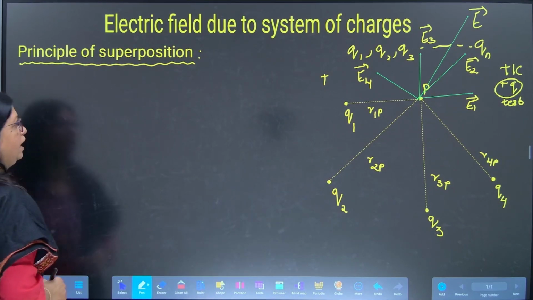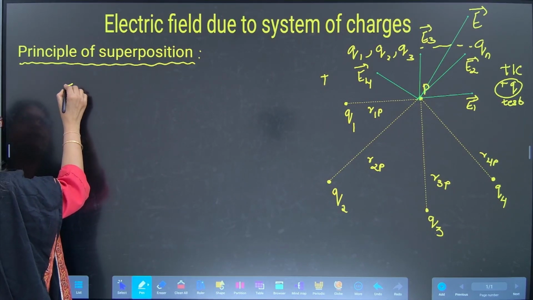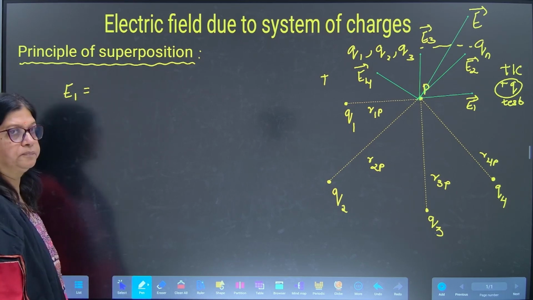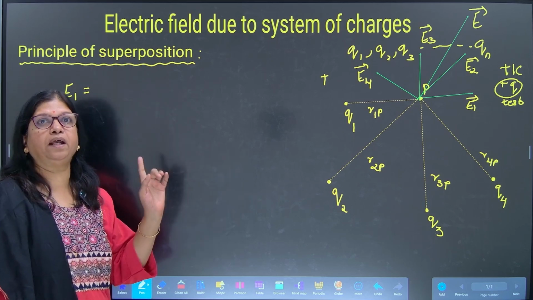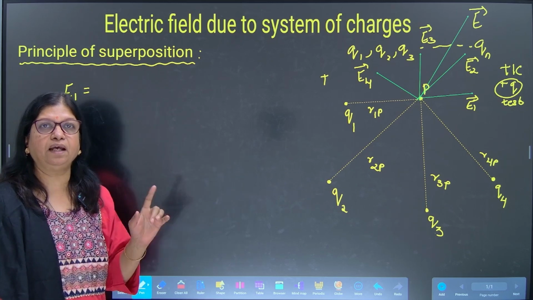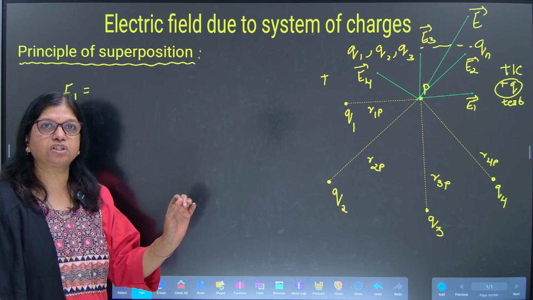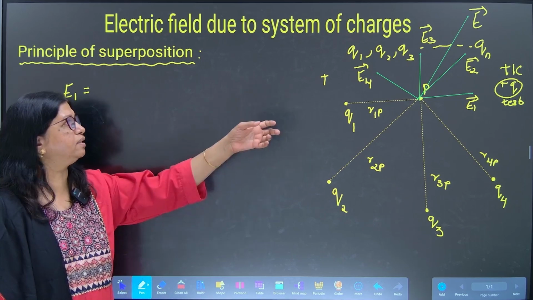So we first have to find E1 according to the formula of E. What is the electric field formula? K, charge, divided by the distance square between the charge and the point.